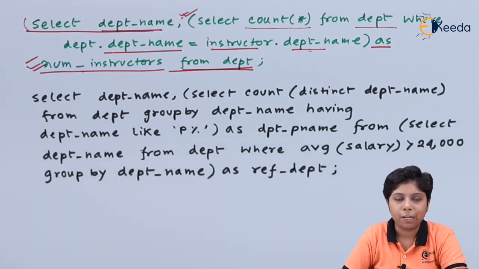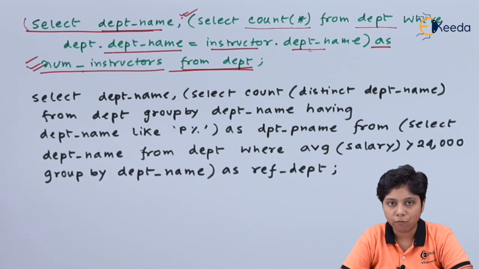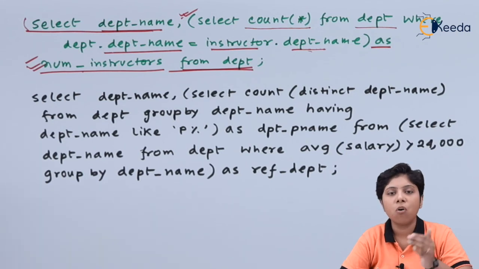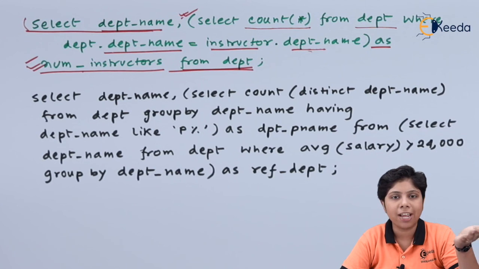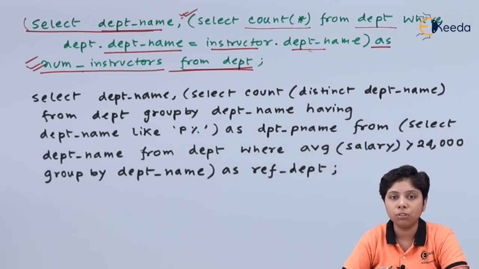Now look at this query. We need to select the department names whose salary is greater than 24,000, and then out of the departments we need to select the department name that starts with P, that is physics or psychology, any other P starting subjects, and then we are selecting the department name and counting the department name's number.